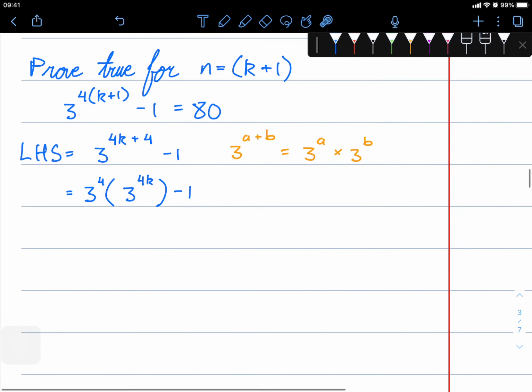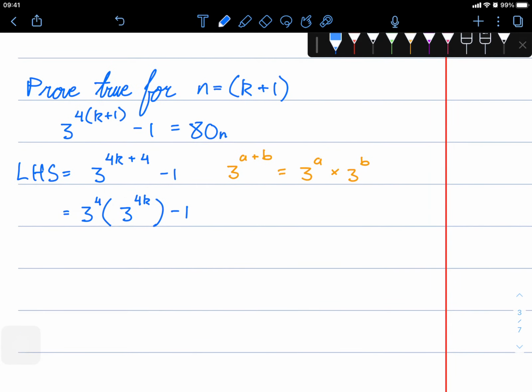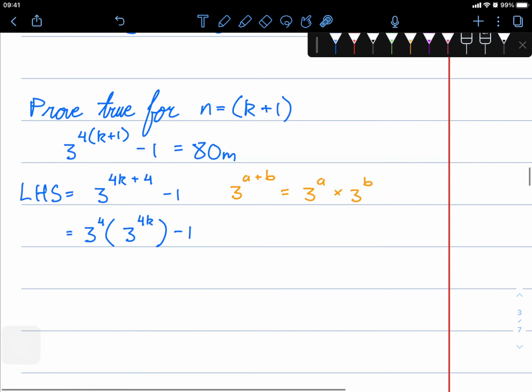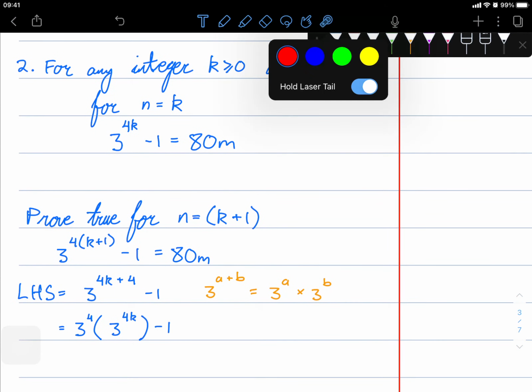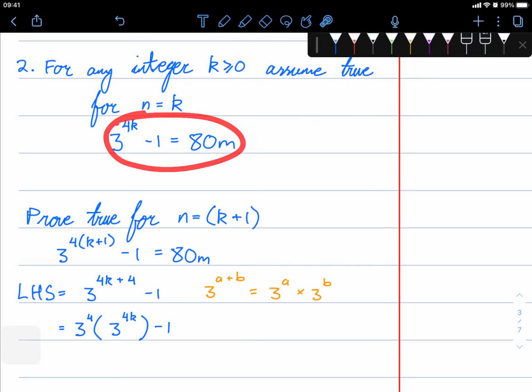And so now we need to make this change into something that looks like 80m. Well, because we assumed this to be true, we're going to use this expression to help us down here. So now take a look. We're going to rearrange this to become 3 to the power of 4k is equal to 80m plus 1.